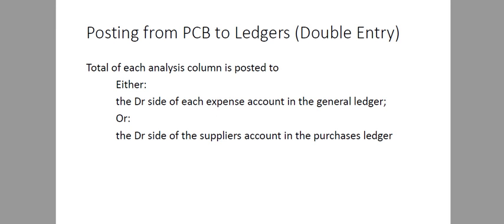Once you have completed the petty cash book, the next step is the T accounts or the double entry. The double entry would basically be the debit side of each expense account in the general ledger. This you will take from the analysis columns of the cash book. Each analysis column of the cash book will be totaled, and let's make a notation.